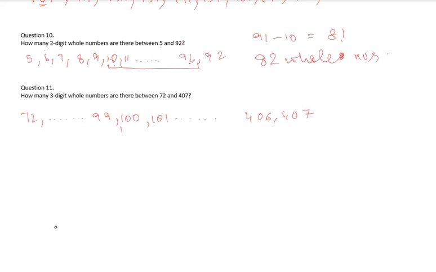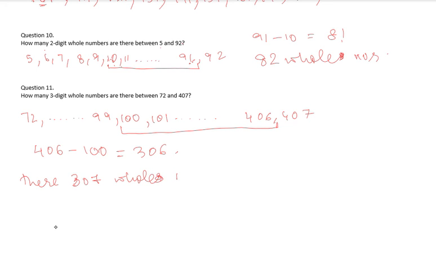So the range the question is asking for is from 100 to 406. If I do the subtraction, 406 minus 100, the answer is 306. But I have to also include 100 because it is also a three-digit number. So there are 307 whole numbers according to the requirement.